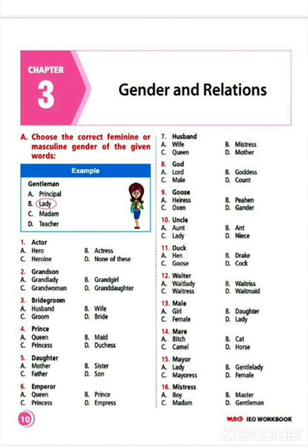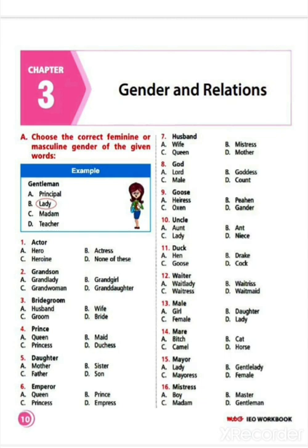Choose the correct feminine or masculine gender of the given words. Now here what you have to do in this particular question, like these were the varieties which I was talking about. The first one which I said, that words can be given and then you just have to choose like masculine or feminine or neuter gender according to the options. Here what they have given first is choose the correct feminine or masculine gender.